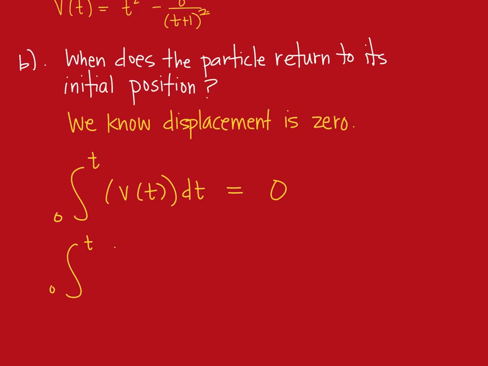And our velocity equation we found was t squared minus 8 over t plus 1 quantity squared, in parentheses, dt, and that is set equal to 0. So how do you solve an integral problem that's set equal to 0? This is where the graph and your calculator come in handy.